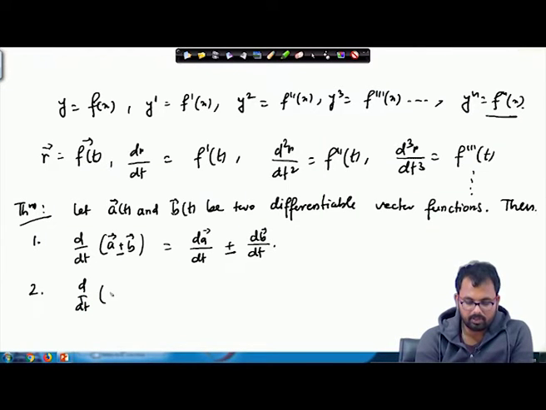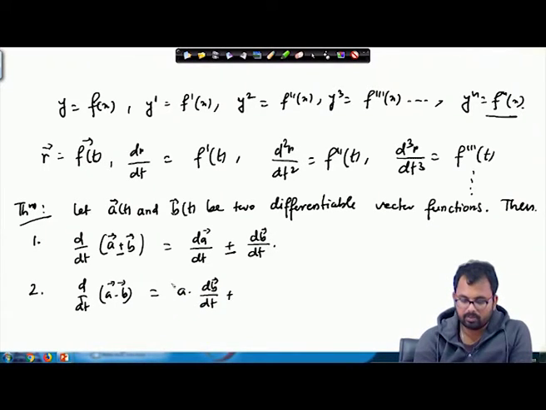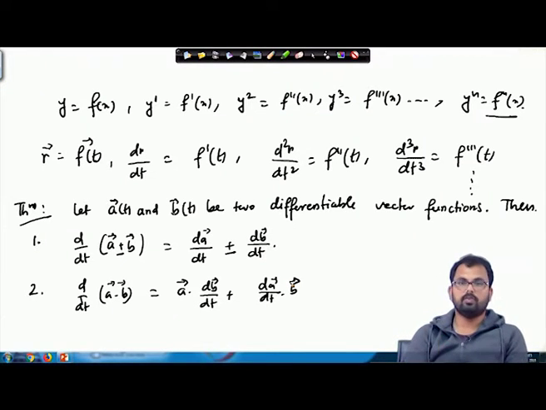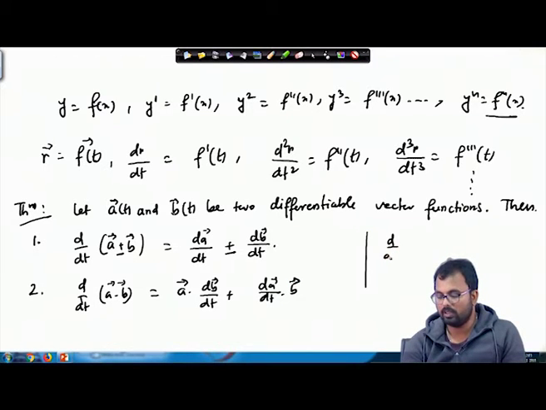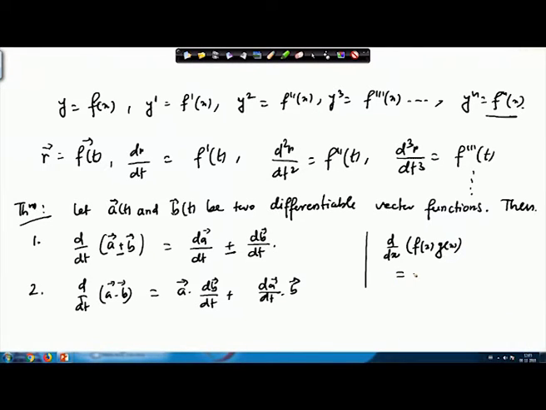The derivative of the dot product is equal to A dot dB/dt plus dA/dt dot B. It is like differentiation of the product of two functions. In the case of differentiation of a product of two functions, d/dx of f(x) times g(x) was df/dx times g plus f times dg/dx. We differentiate one function leaving the other, and then differentiate the second function leaving the first.